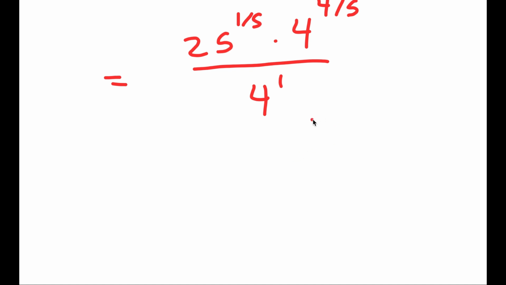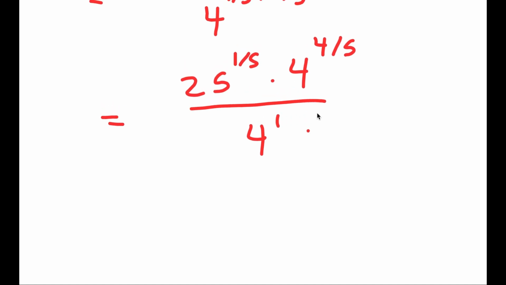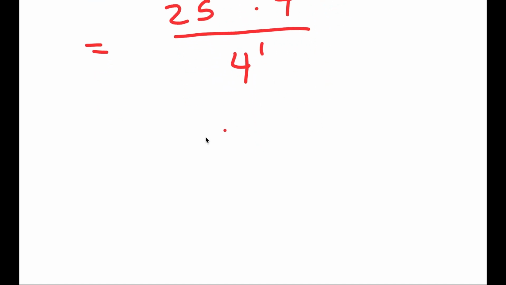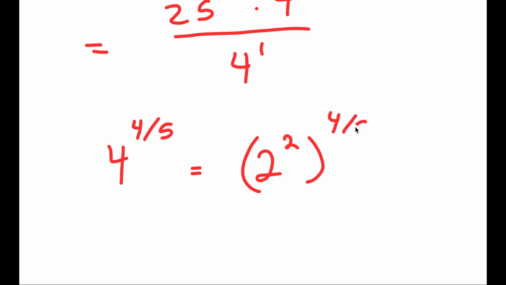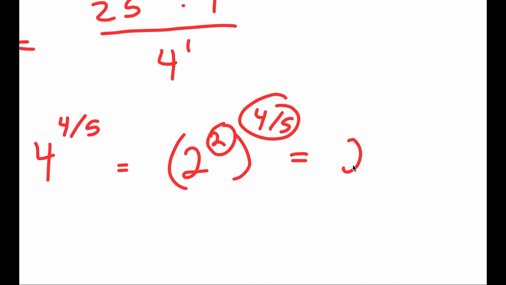Now from here, 4 to the power of 4/5 is the same thing as 2 squared to the power of 4/5. And these two multiply, so this turns into 2 to the power of 8/5.